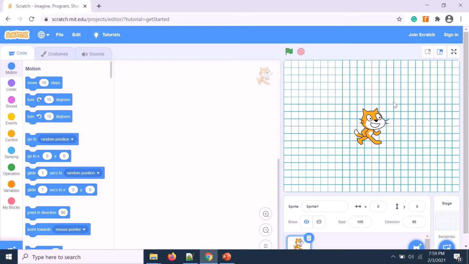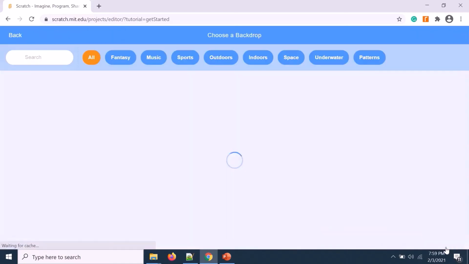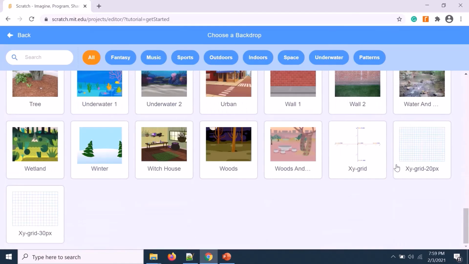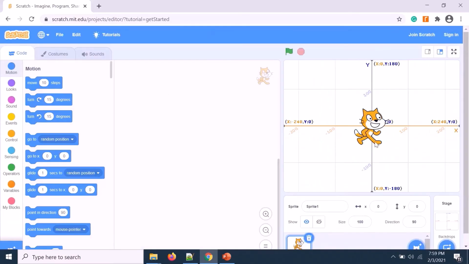For better understanding, let's go to another one. Here is the grid. The center position is here, where x is 0 and y is 0. That is your x-axis, and this is your y-axis. In this direction the x value is positive and y is still 0.